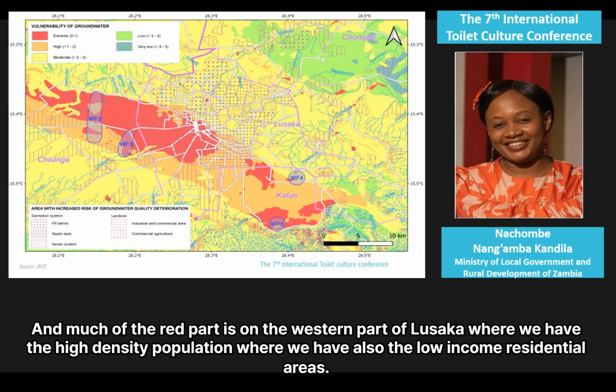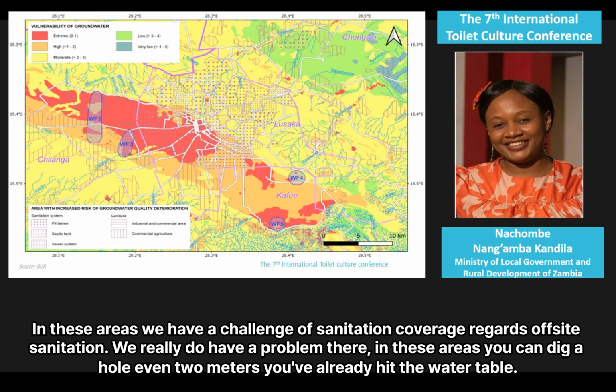Much of the red part is on the western part of Lusaka, where we have high density population and low income residential areas. In these areas, we also have a challenge of sanitation coverage regarding offsite sanitation. So we really do have a problem there.